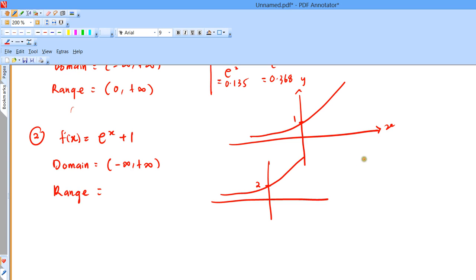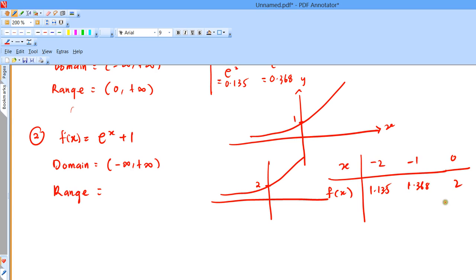And if from the table we find the values of x and f(x): if x equals negative 2, f(x) equals 1.135; negative 1, 1.368; 0 equals 2.